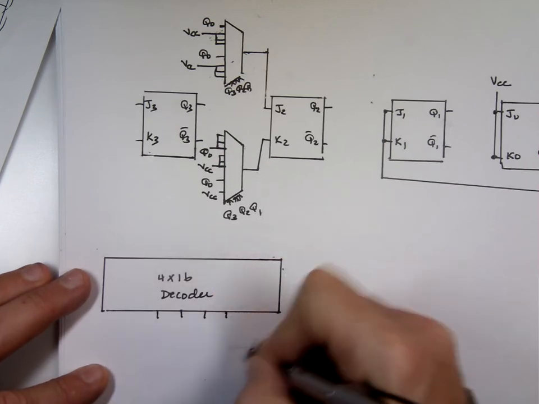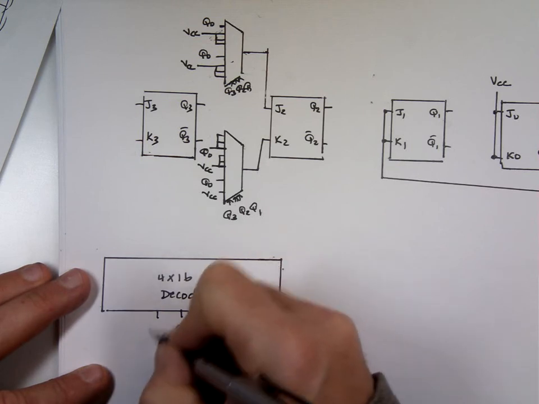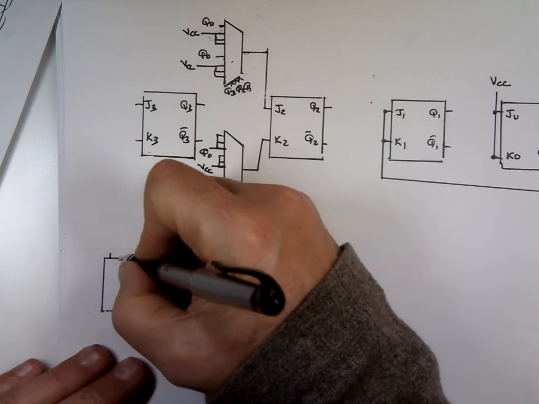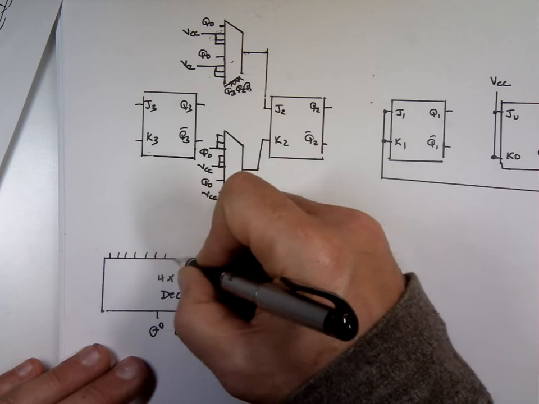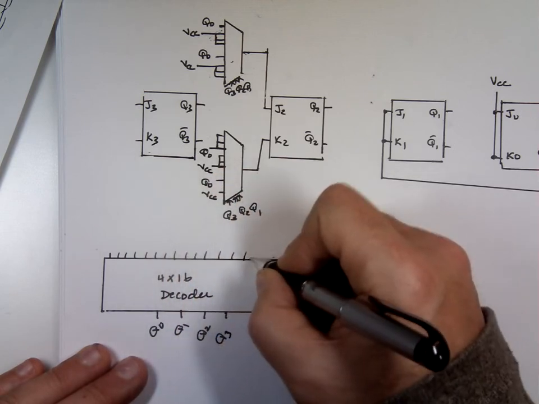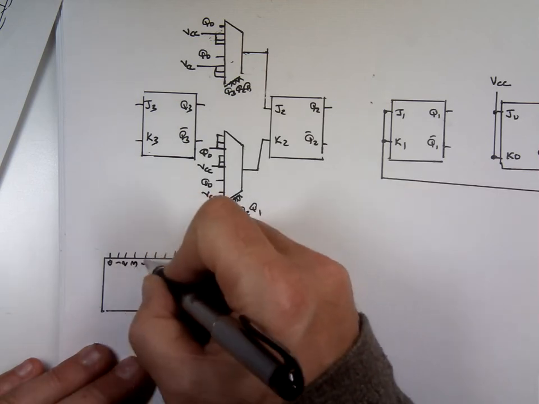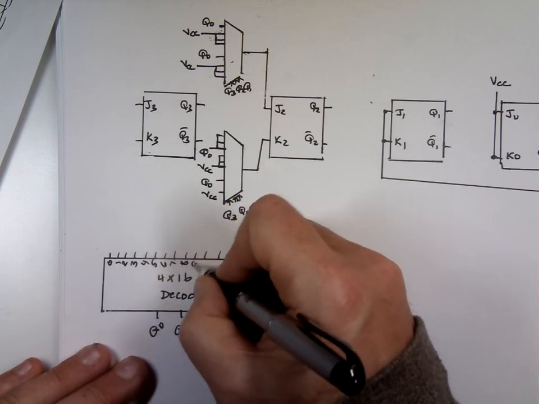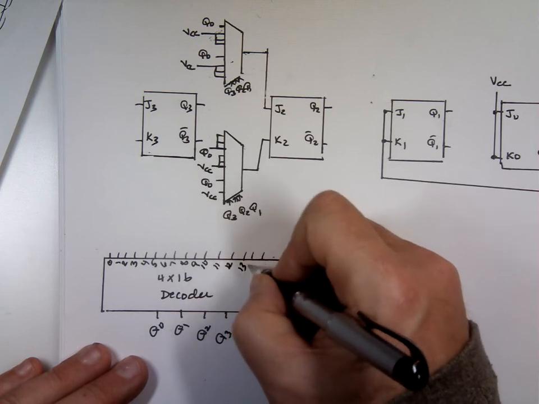Q3, 2, 1, 0. I got 16 outputs, 0 through 15.